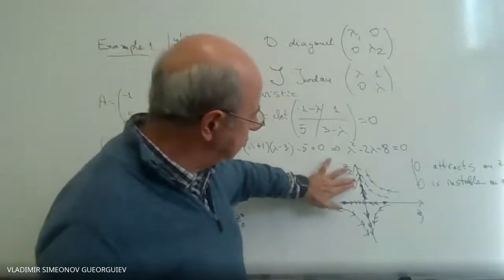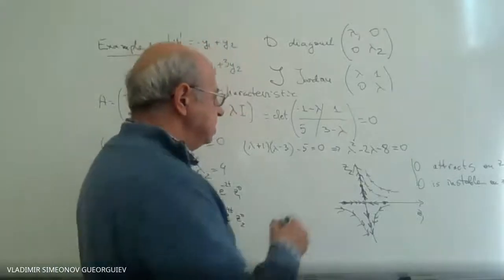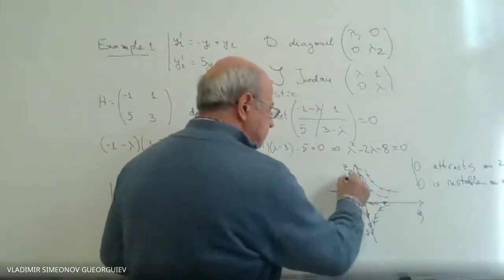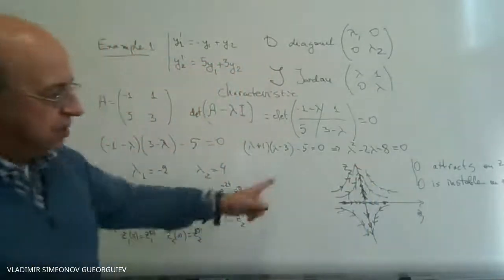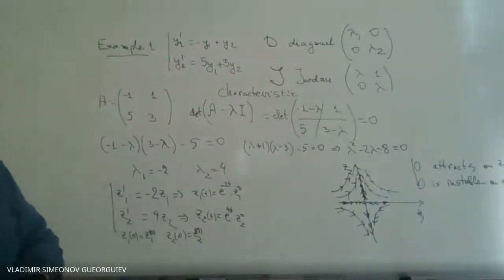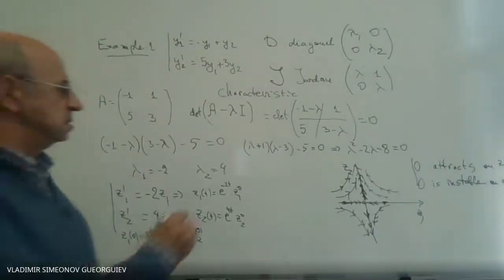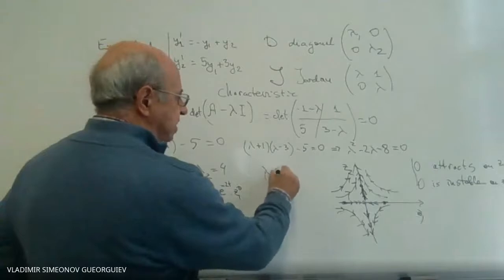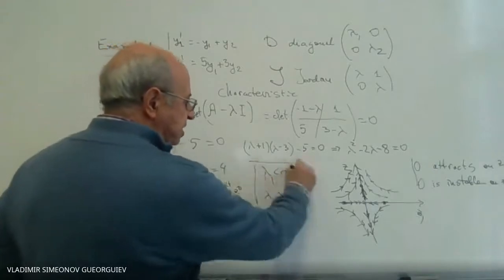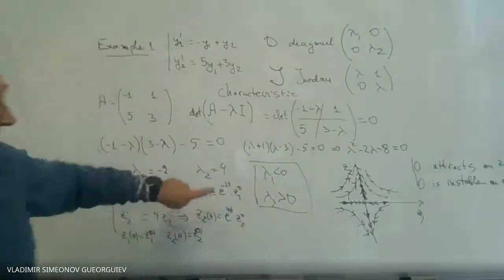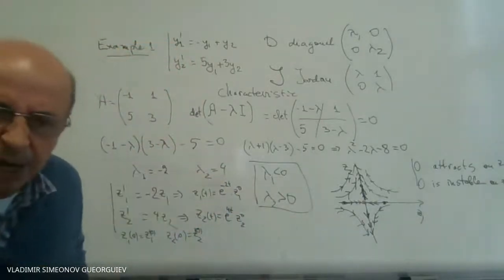And again, if you put the curves here, you have to put arrows like this. So this is an important case when lambda 1 is negative, lambda 2 is positive. This in general happens. It's not connected with the fact that here we have -2.